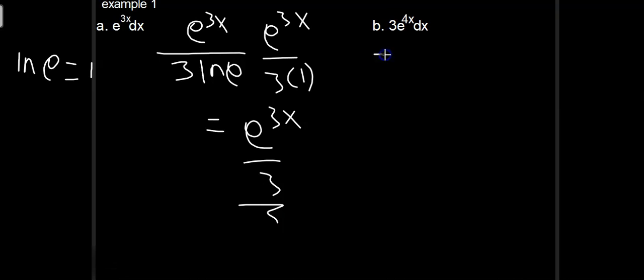Now let's do the second one. I want you guys to stop the video and try the second one, since you have some understanding. Okay, in the second one I'm just going to follow the same process. I'm going to say 3e raised to the 4x. I write the whole question down again, and then I write this k, so 4 ln e.